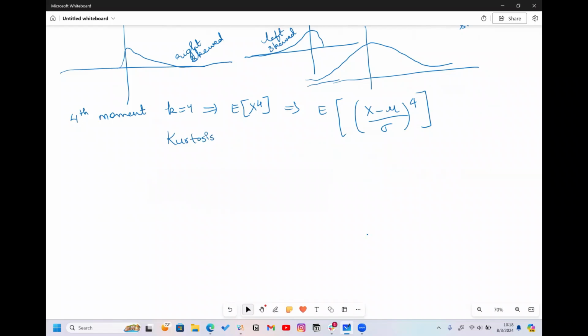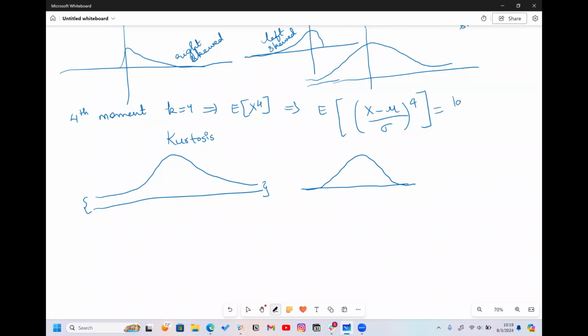What does kurtosis tell us? Suppose we have two distributions like this, and then this one is like this. It tells us about the thickness of the tails. If the tails are thick, then that means this value is large.